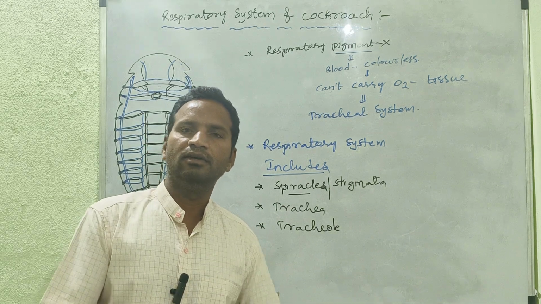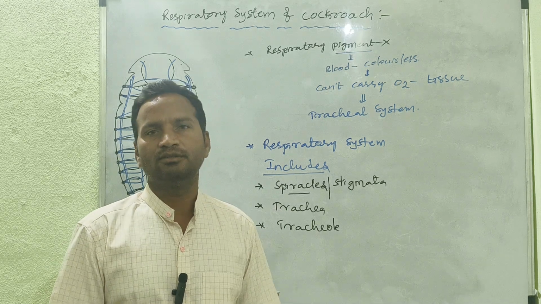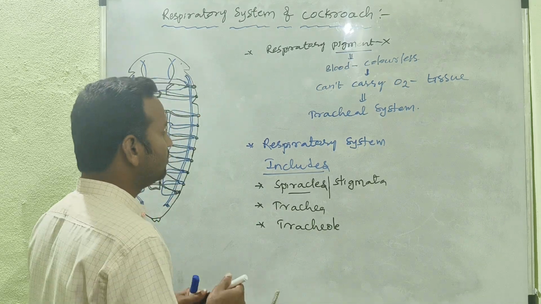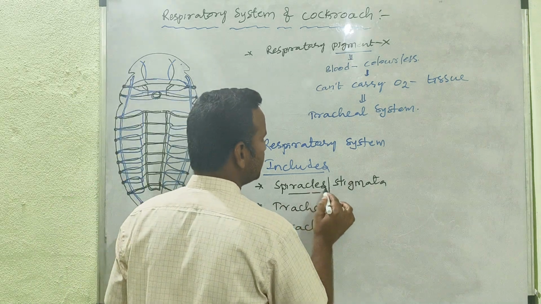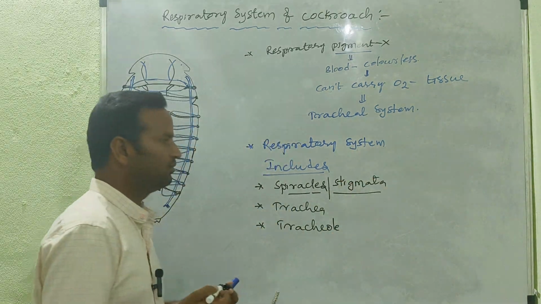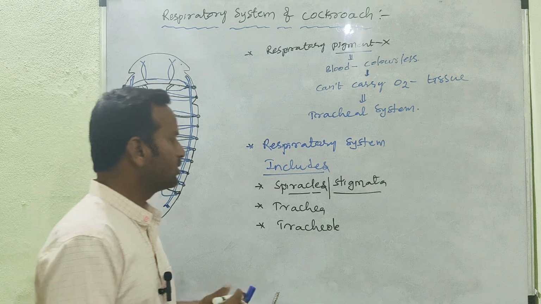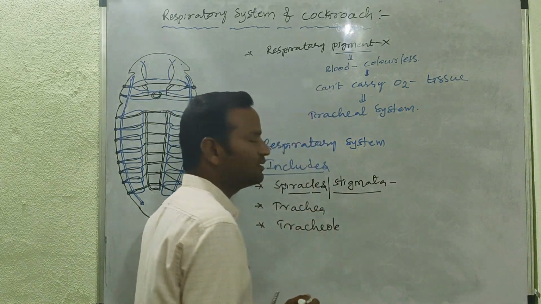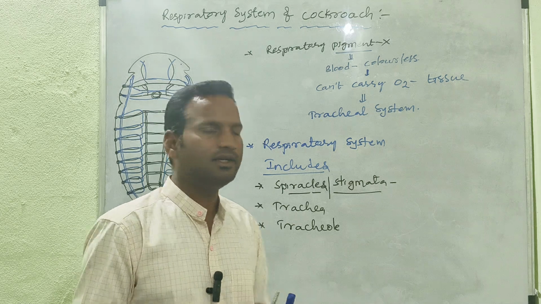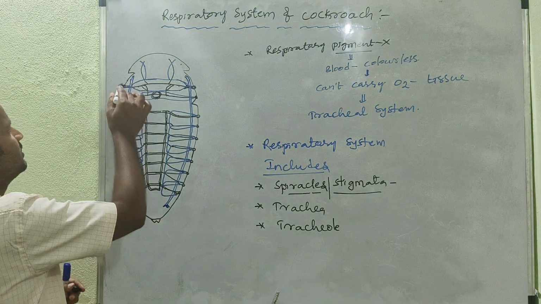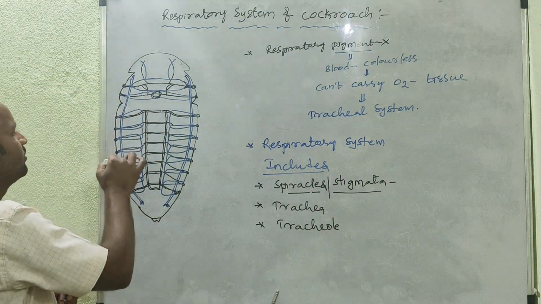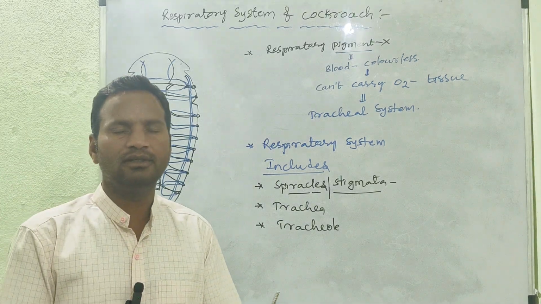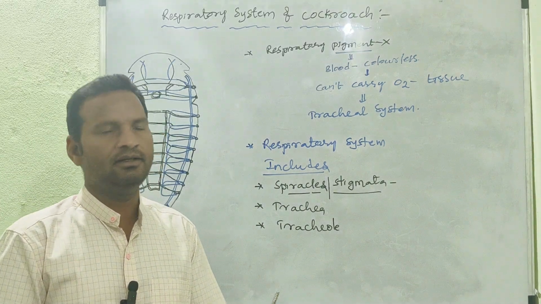Now, what about spiracles or stigmata? Usually, the spiracles are located on the lateral sides of the body. That is the location of spiracles.